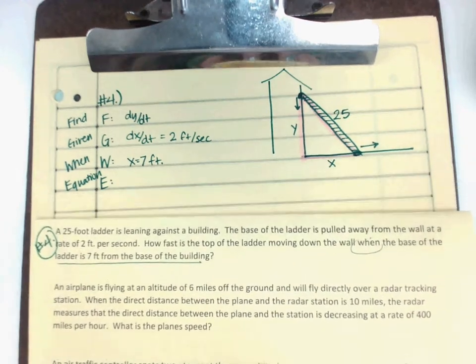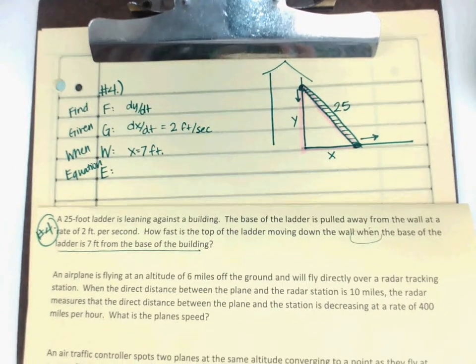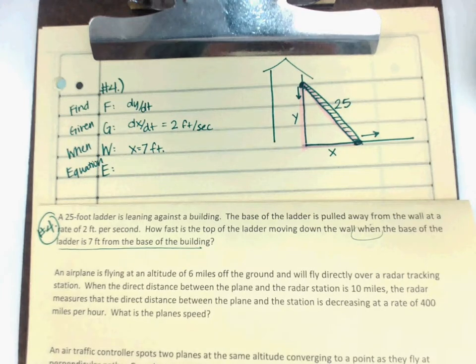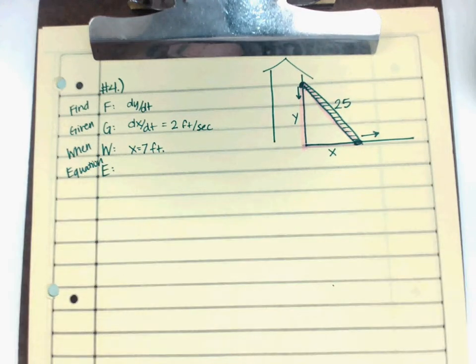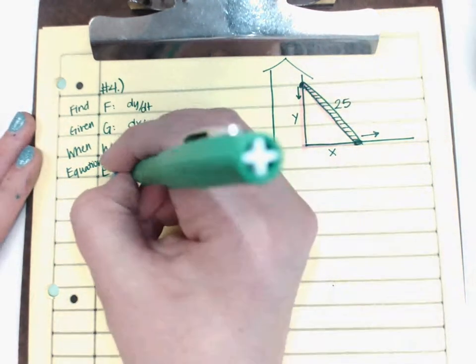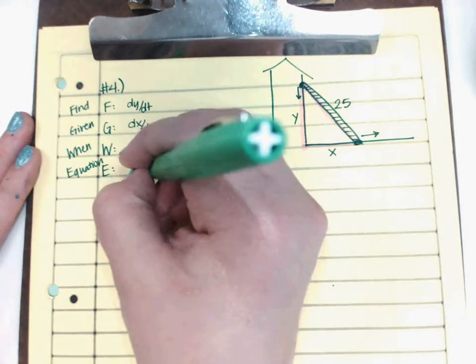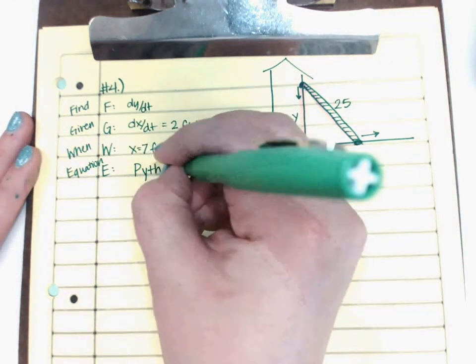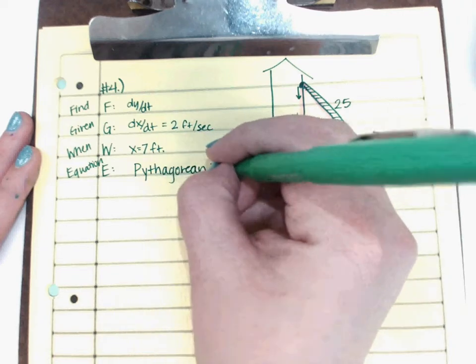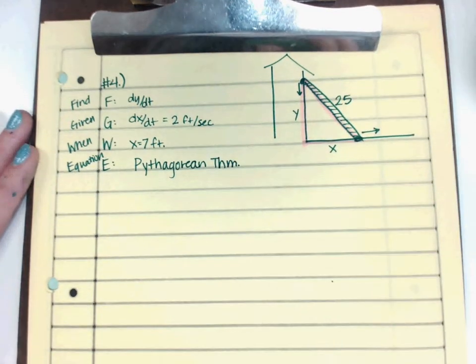Okay? So what equation is on your white sheet or in your brain that relates to the three sides of a right triangle? Yep. Okay, Pythagorean theorem. I don't care if you put the name in your notes. Up to you. Okay, but Pythagorean theorem says that I can do a squared plus b squared. It always equals c squared.